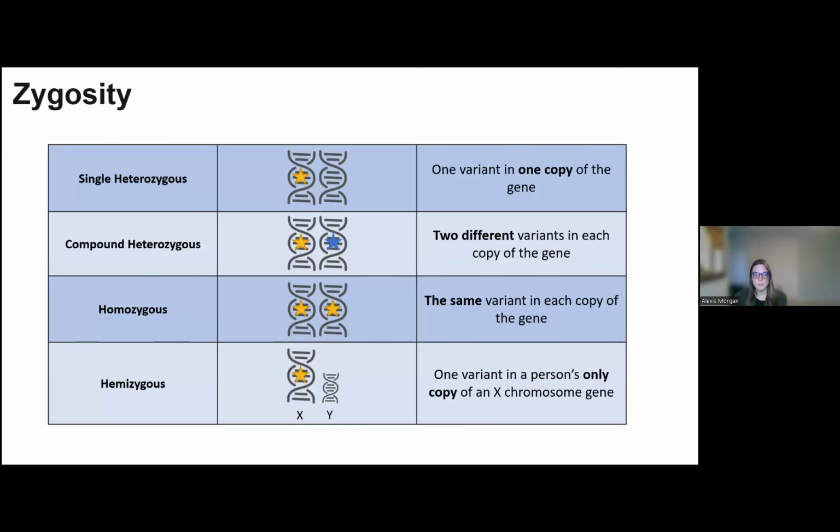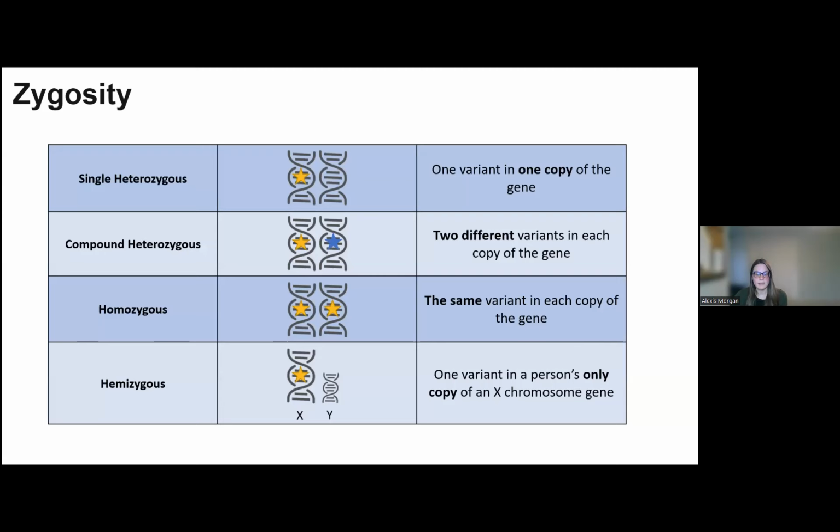Some other terms you might hear include single heterozygous, compound heterozygous, homozygous, and hemizygous. Instead of just heterozygous, some reports say single heterozygous. These two terms mean the same thing, that the variant was only in one copy of the gene.